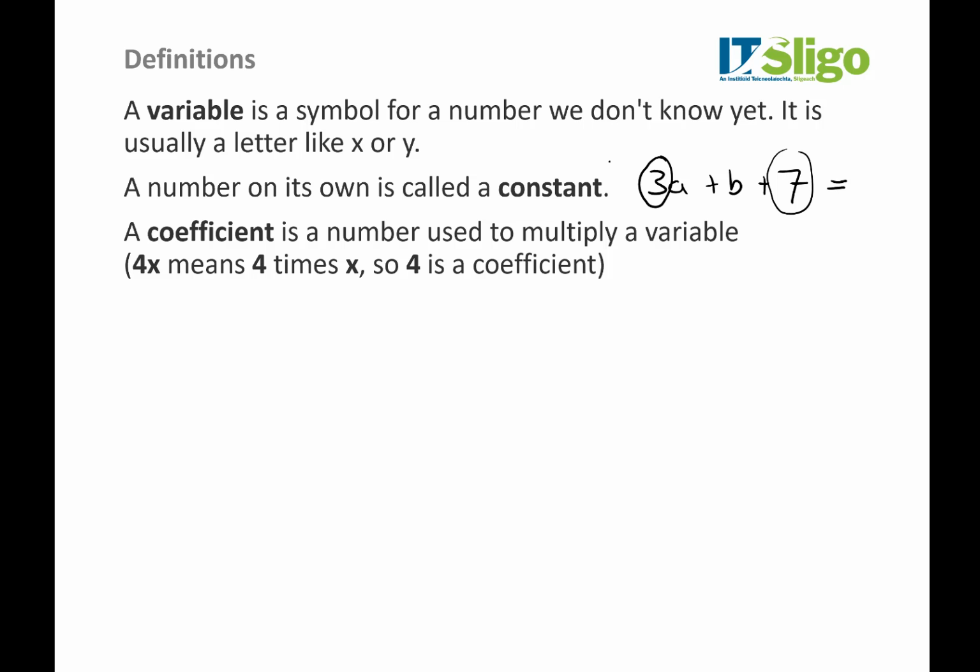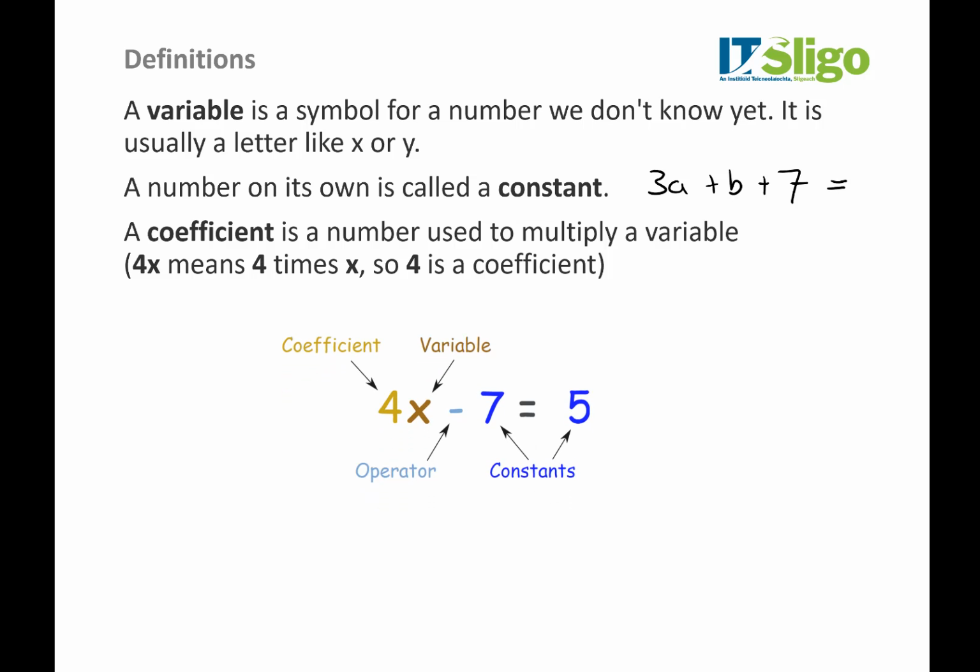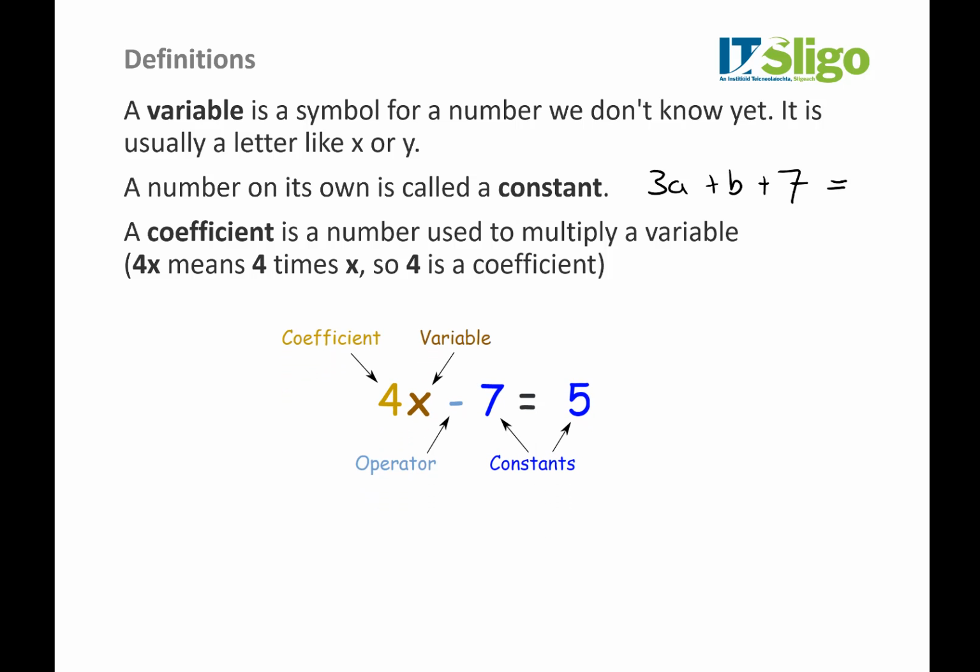Again, guys, it's just to get familiar with the language, so we know what we're talking about. So here we have a coefficient, a variable, constants. Our sign is an operator. We know the inverse operator then is plus. And that's just some of the words we'll come across.